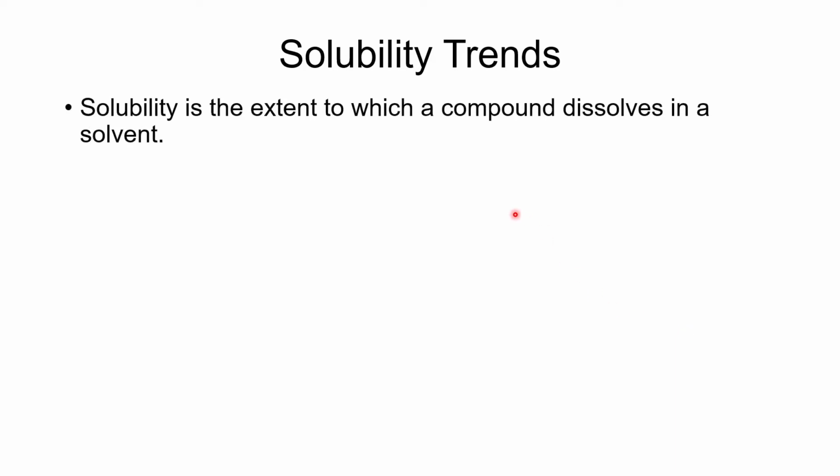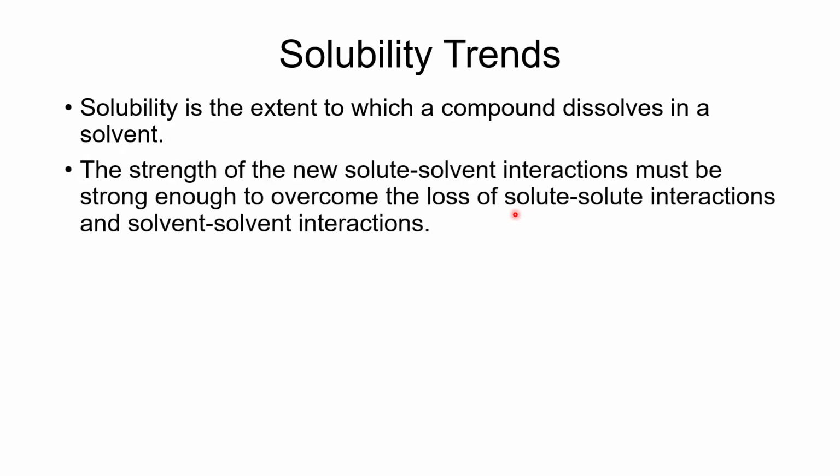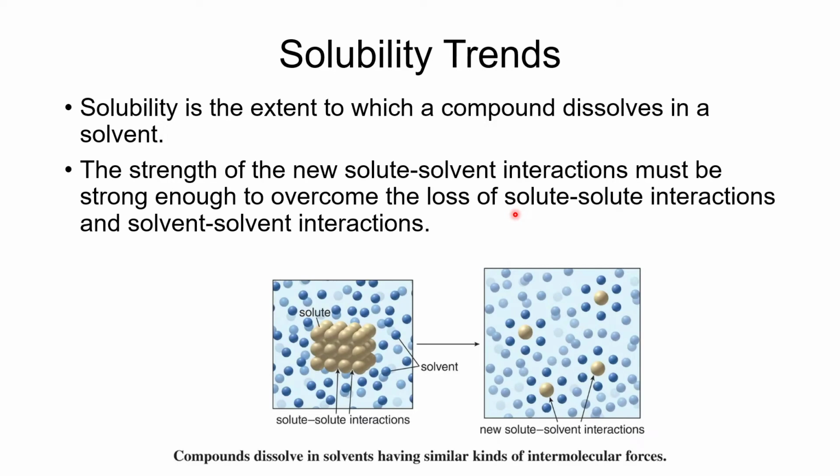All right, next we want to look at solubility trends. So solubility is just the extent to which a compound dissolves in a solvent. And what we're going to find is we need to look at the interactions that we get when we make a new solution and the interactions that we had to give up when we made that solution.